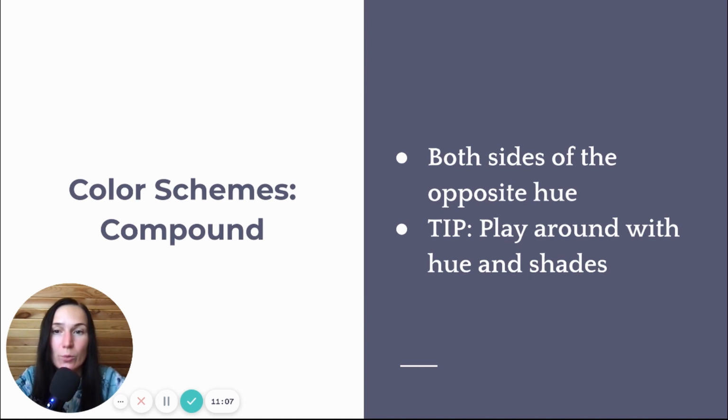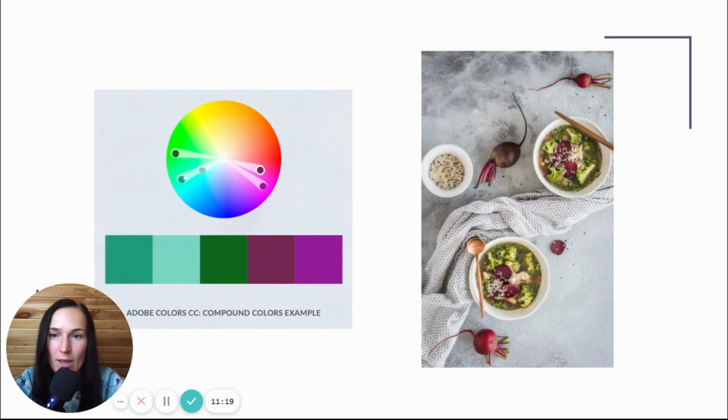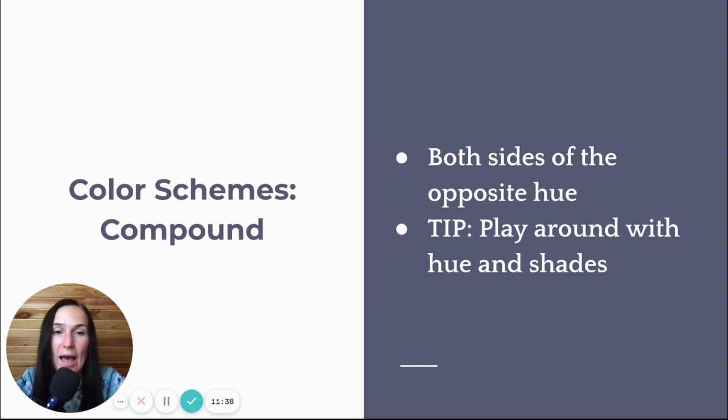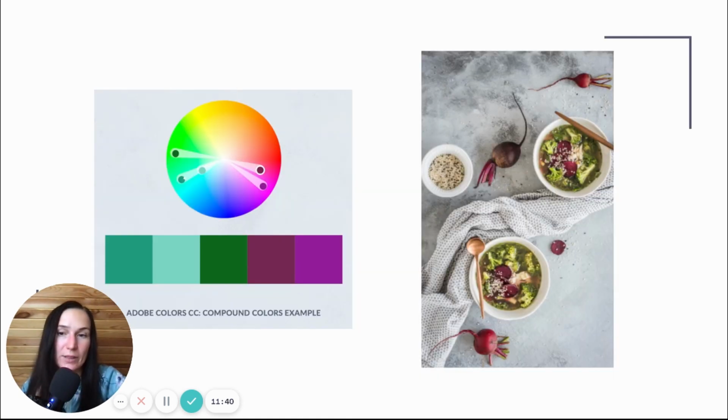Another scheme is compound. These are the colors on both sides of the opposite hue. And the tip here is that you can play around with hue and shades. In the compound color scheme, as you can see here, there is a little bit of green, and then the purple, and then different greens in general, and they balance each other up again, so play around with different hue and shades.